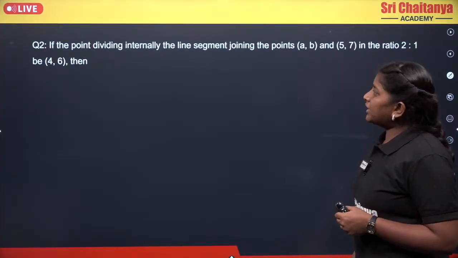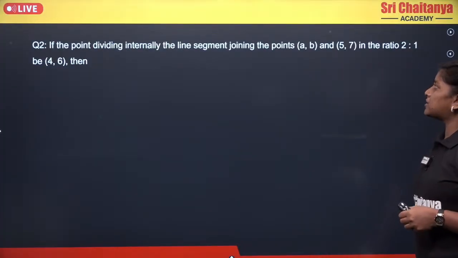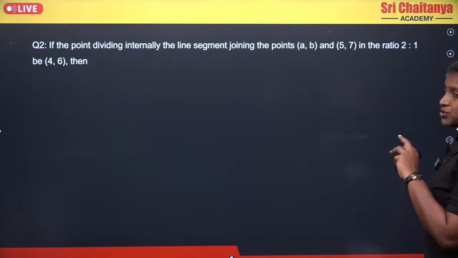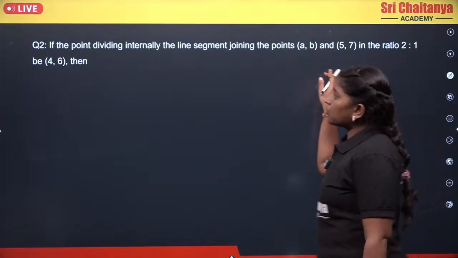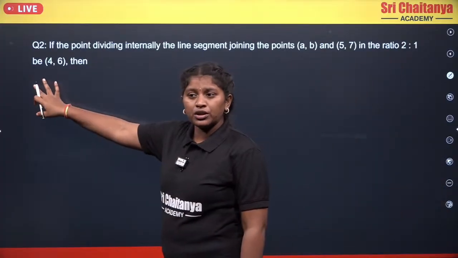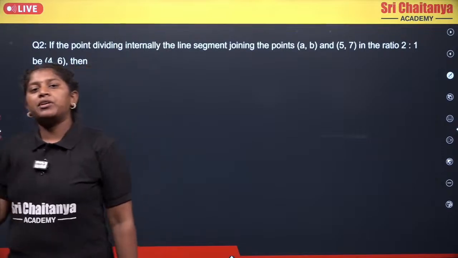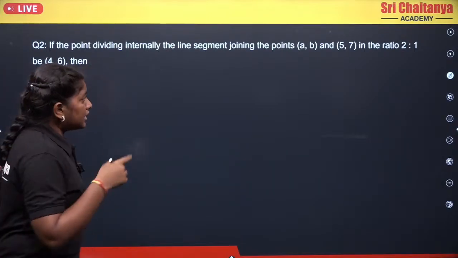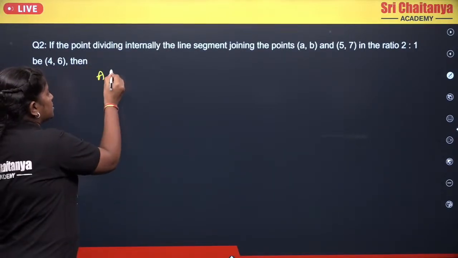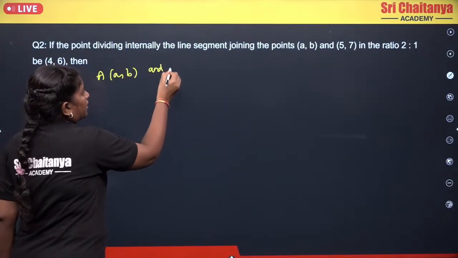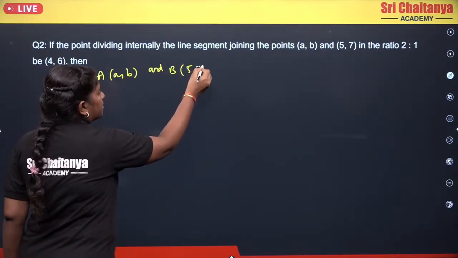If the point dividing internally the line segment joining the points A comma B and 5 comma 7 in the ratio 2:1 has coordinates 4 comma 6, then they are asking us to find the A comma B values. So here clearly they gave the points A, which is A comma B, and B, which is 5 comma 7.